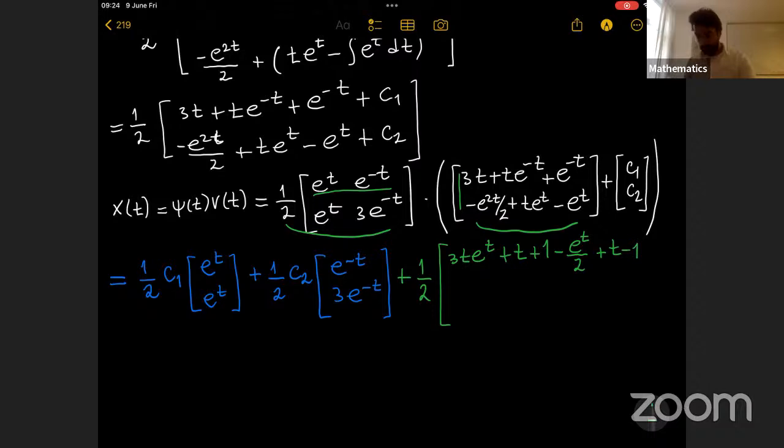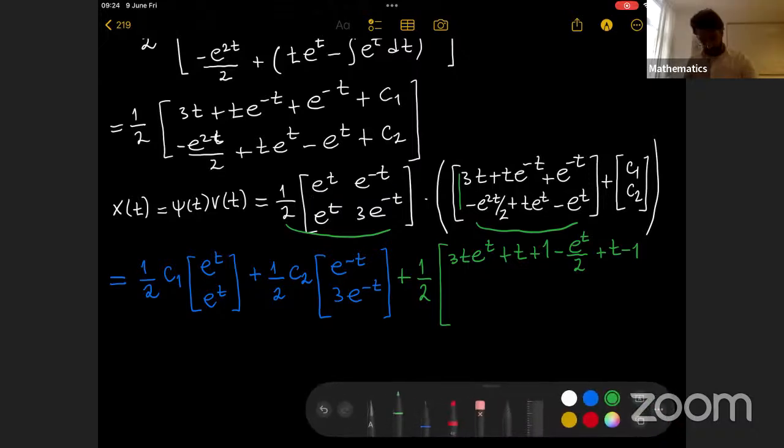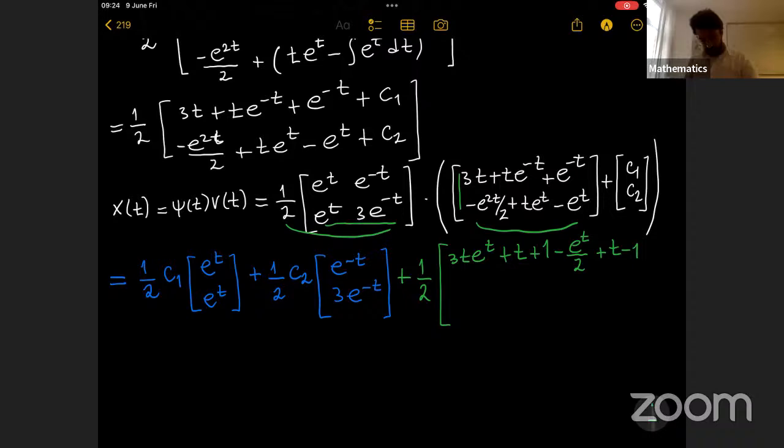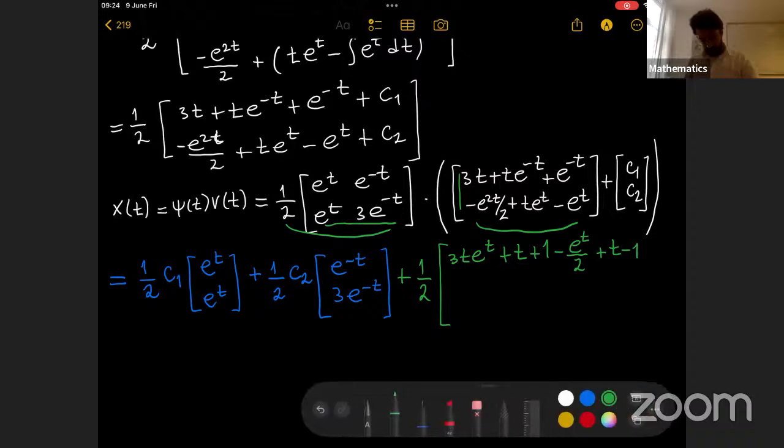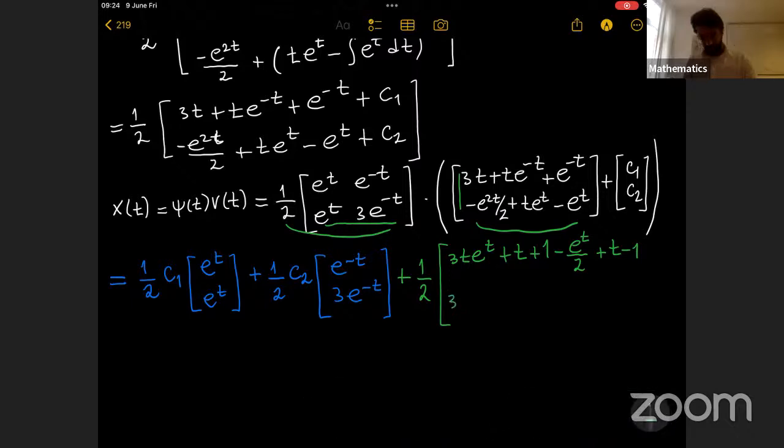Okay. And now we move to this one. Multiply again by e to the t, so you will get 3t e to the t plus 1 minus 3 e to the t over 2 plus 3t minus 3. But there are some cancellations.